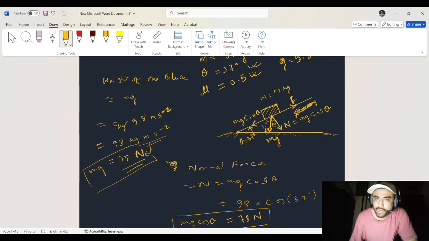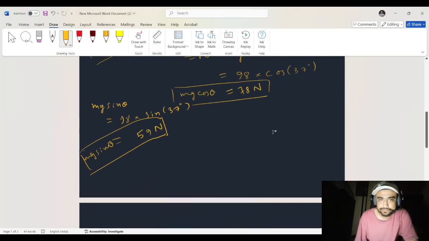When the frictional force F is greater than or equal to mg sin theta, the block will be static or motionless. And when mg sin theta exceeds the value of the frictional force, it will start to move downwards, right?